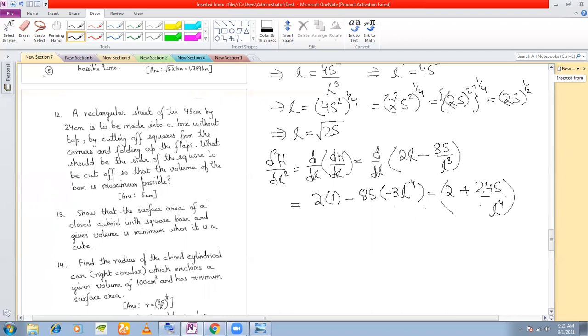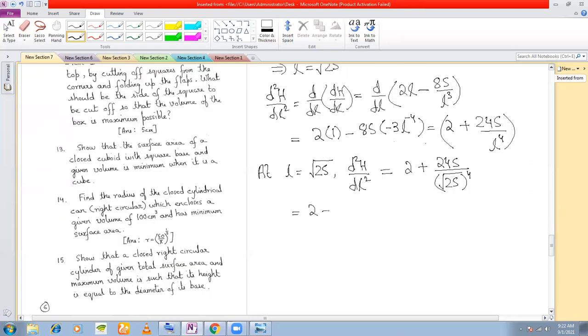Now we need to check the sign of d2H/dL2 at what value of L? At L is equal to root 2s. d2H/dL2 is equal to 2 plus 24s divided by root 2s to the power of 4, which is equal to 2 plus 24s divided by, root 2s to the power of 4 is how much? 2s whole square.